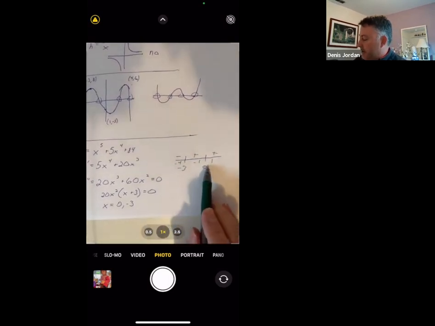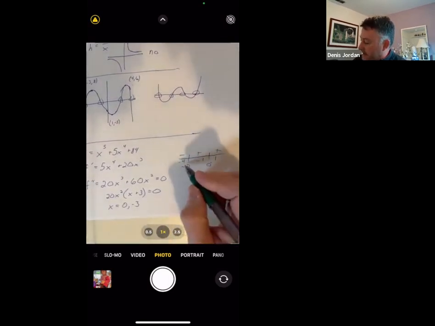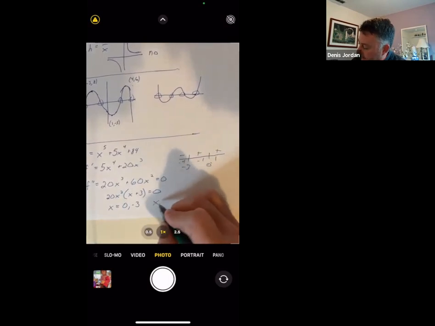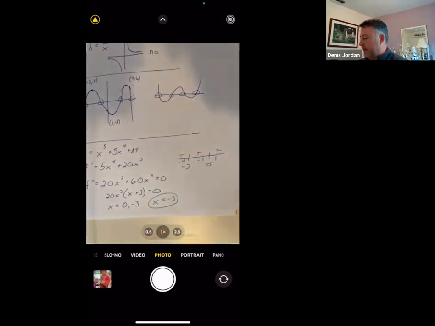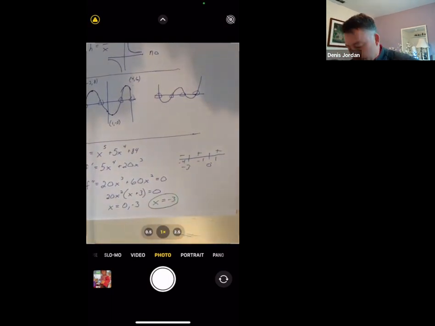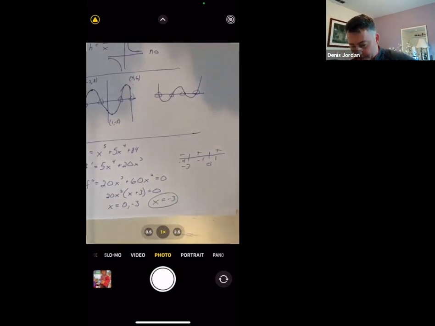So there's no sign change at x = 0, but there is at just the -3. So be careful when it just wants to know where inflection points are, because you might have an answer that really isn't an answer.